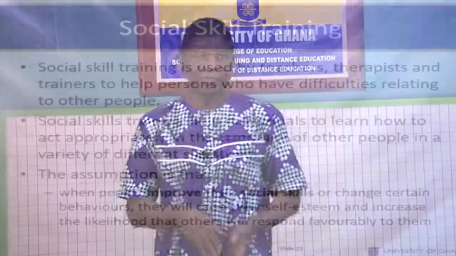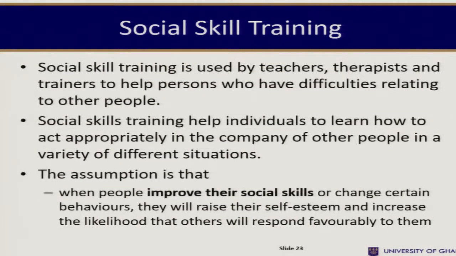The next is social skill training. As the name implies, it is used sometimes by teachers, therapists, and trainers to help persons who have difficulties relating with others, especially in social settings. So social skills training helps individuals to learn how to act appropriately in the company of other people in a variety of different situations.